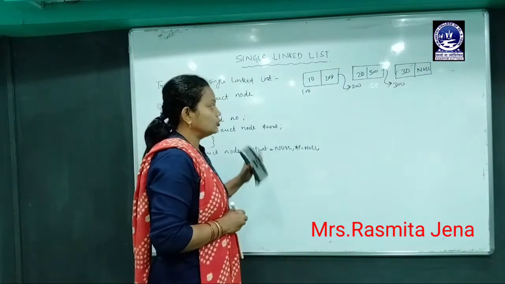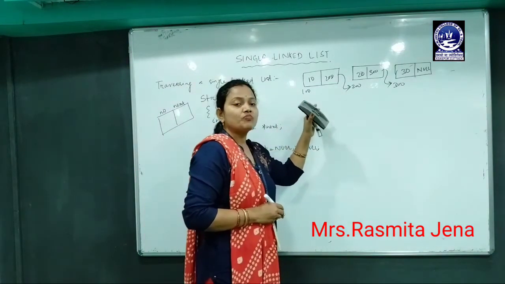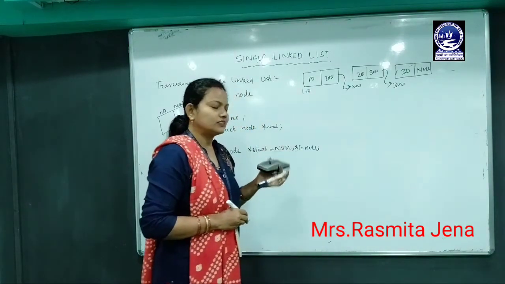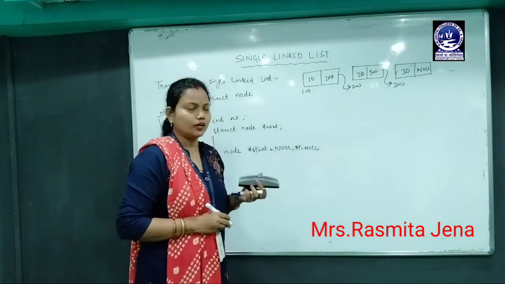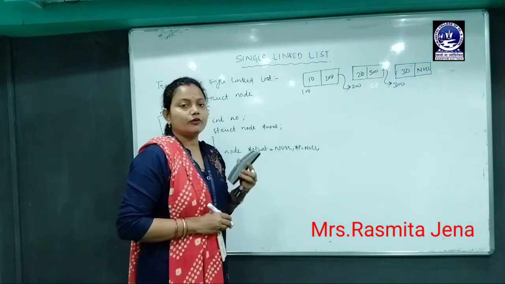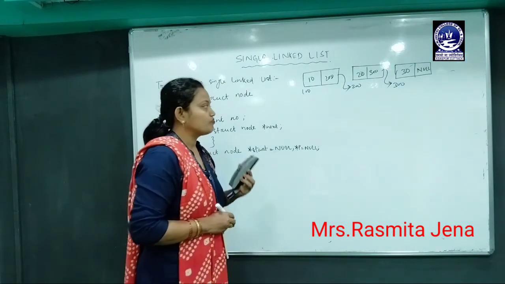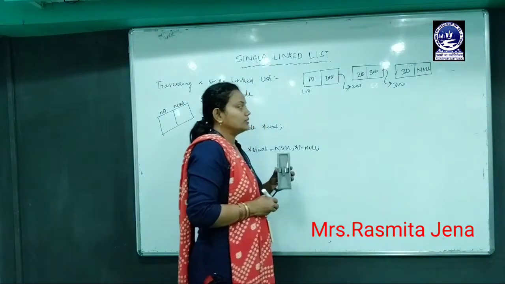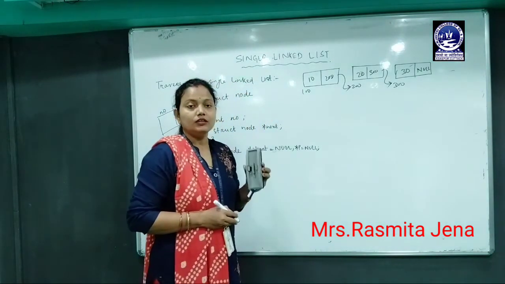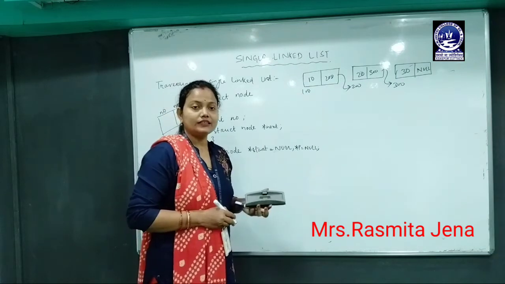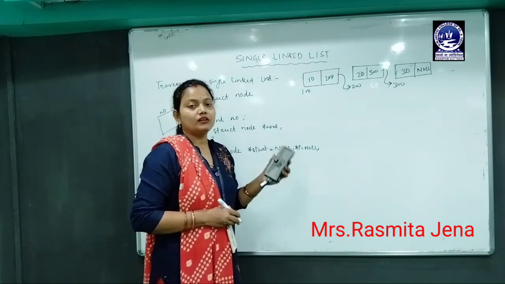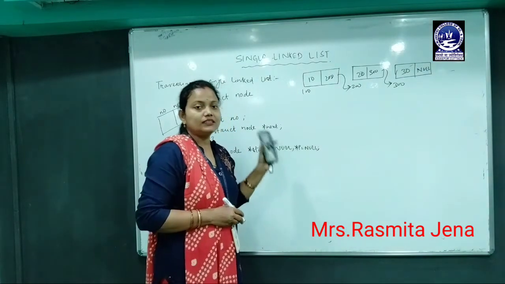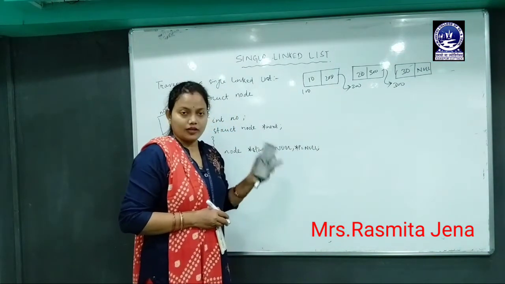In this class we will traverse this list by executing the display function, or a traverse function. That is a user defined function, and you can take any name. So when we traverse a single linked list, what is the function definition structure? In a single linked list we receive the address of the start node, and we don't return any value to the calling part.